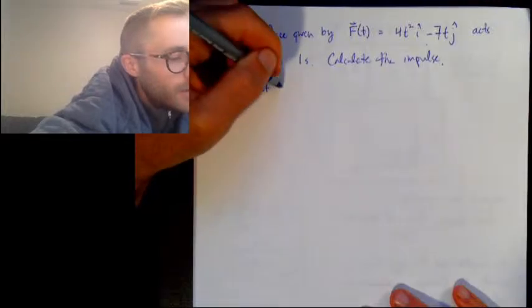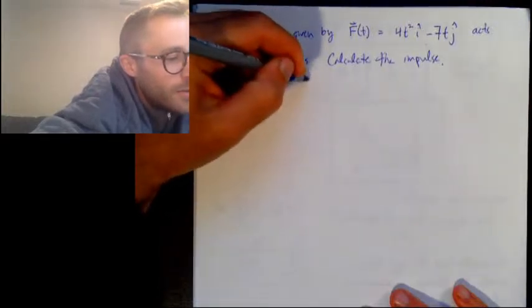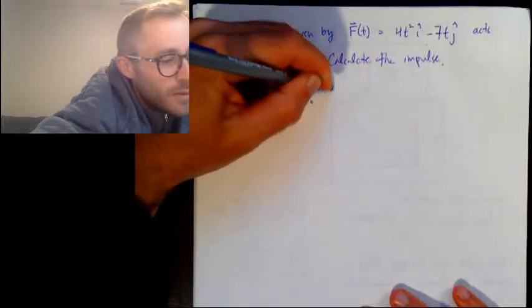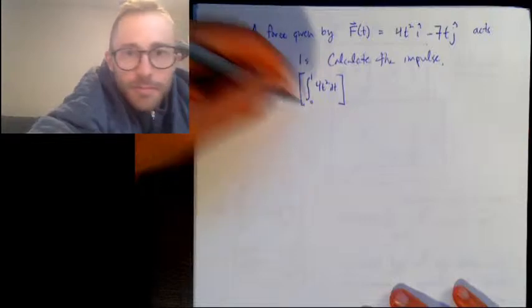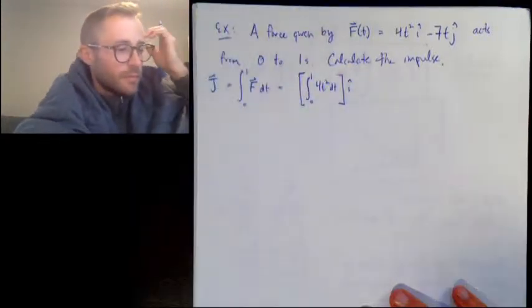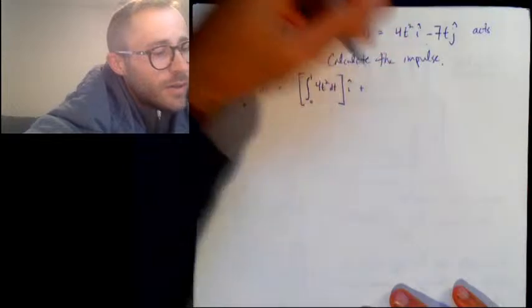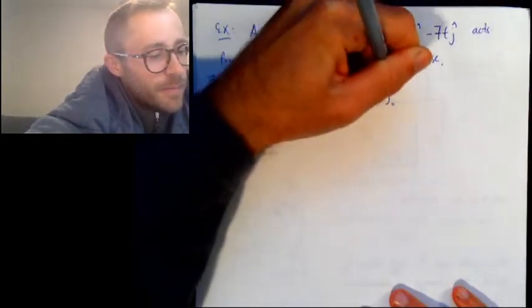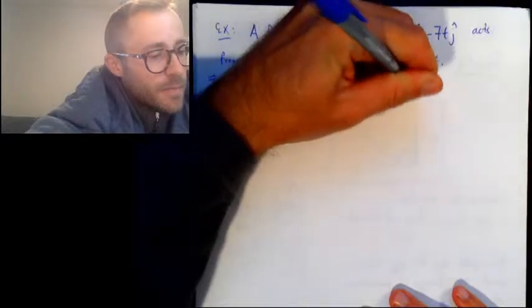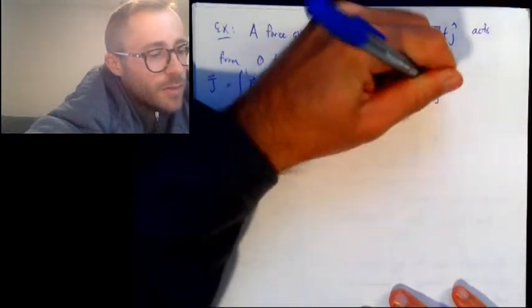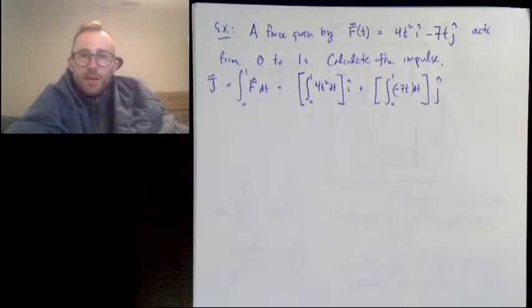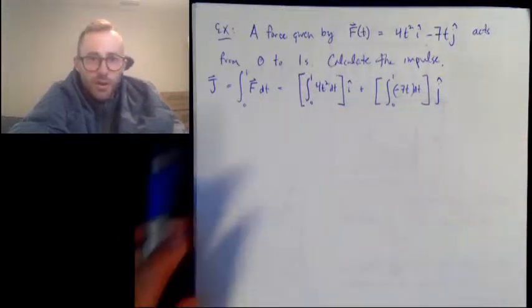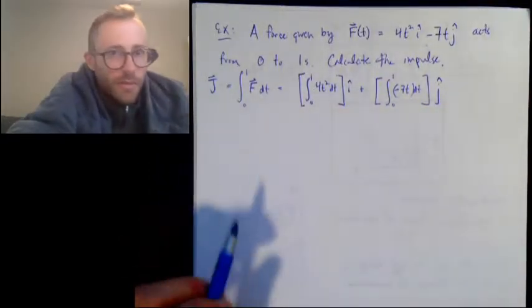That's going to be the integral of the i component from 0 to 1 plus the integral of the j component from 0 to 1. So we just integrate the i component and the j component. And i and j are constant vectors, so they get factored out.